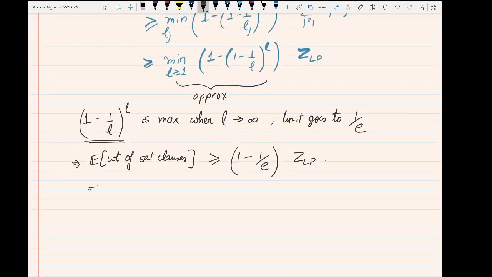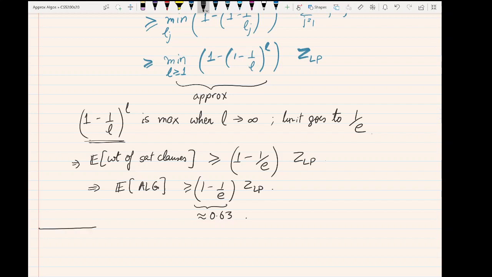Okay, and this is nothing but the expected value of our algorithm. So this is significantly better than our half approximation. It's a 0.63 approximation found by rounding the linear program.